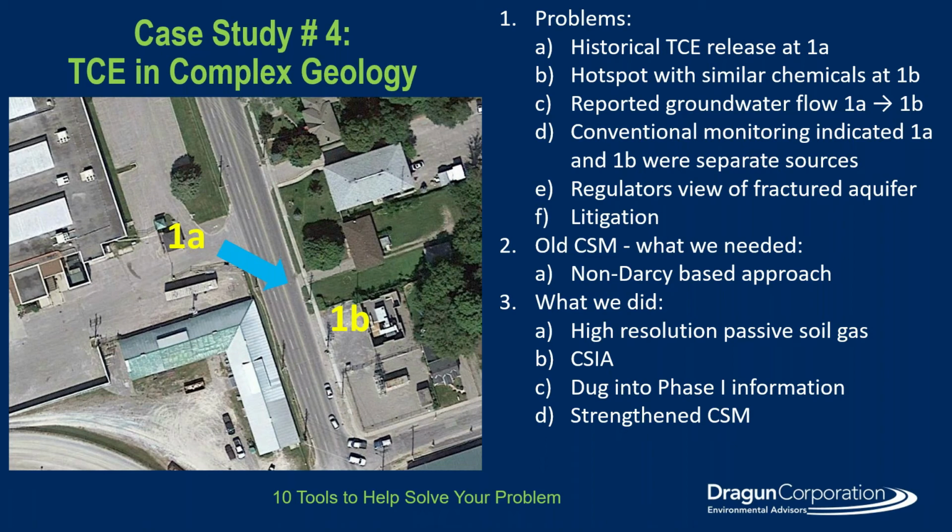So we strengthened the existing CSM by using non-Darcy based high-tech approaches. And the result was the clarifications helped the adjudicators decide responsibility for TCE on the right side of the road.